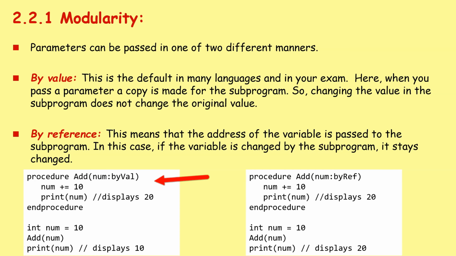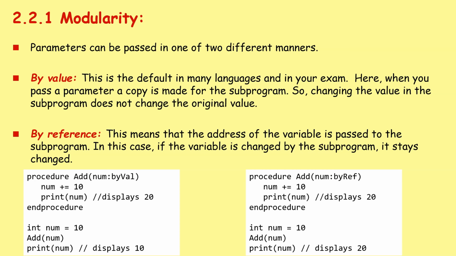So in the first example here, we've got our procedure add, and you can see we are passing the parameter num by value. So in our main program, we set the value num to 10. We call the procedure add, passing it that value, that 10. So the value 10 is sent. It's received by the procedure. We create a kind of local variable called num.